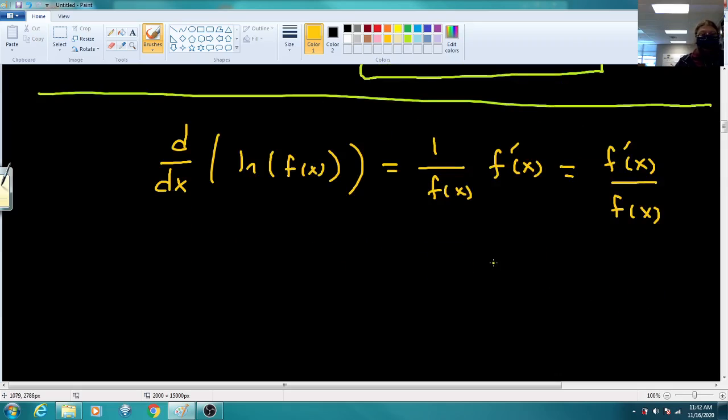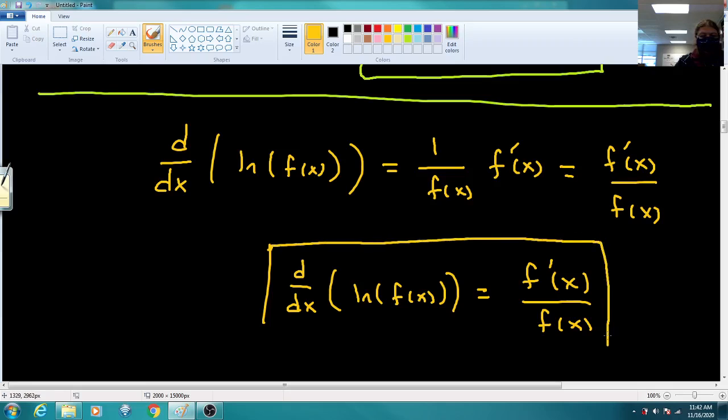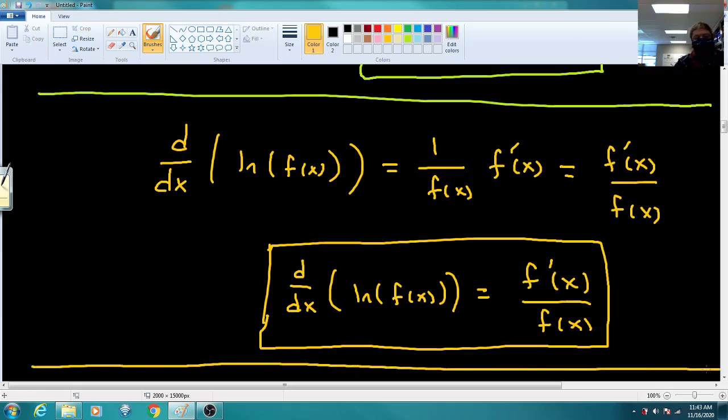And then we could write this cleanly as an equation. And we'd get this. So you can either memorize this, or if you know the chain rule, this is just kind of a result of the chain rule. So if you want to memorize it, you can. If you just want to remember how the chain rule works, you can generate this equation pretty easily.